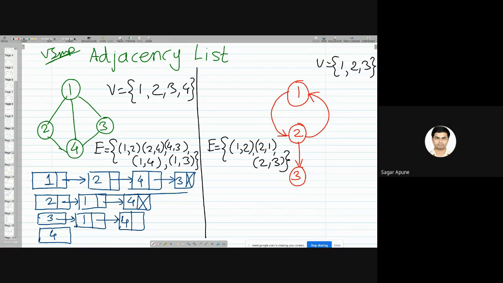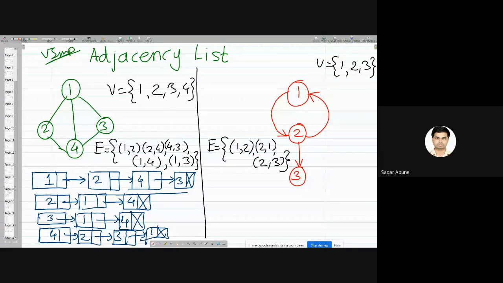You can write 4 first, 1 last. No problem. What about 4? 2, 3, 1 connected, right? So 2, next node 3, next node 1. End.